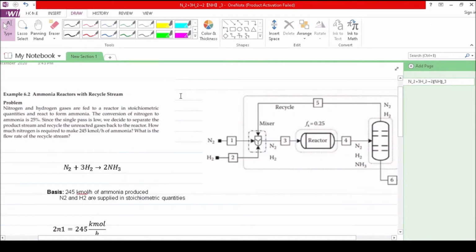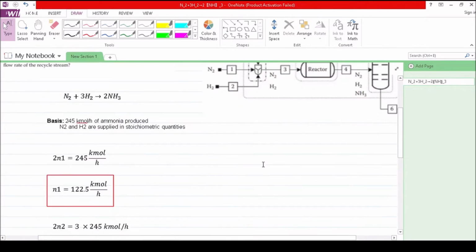And looking at the problem, we can use the conversion of nitrogen to ammonia and the stoichiometric ratios given by the reaction to solve for the quantities of the gases in stream 3 and stream 4.